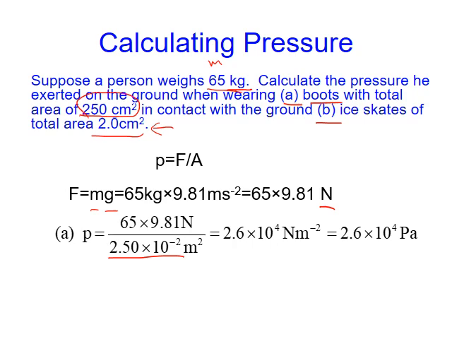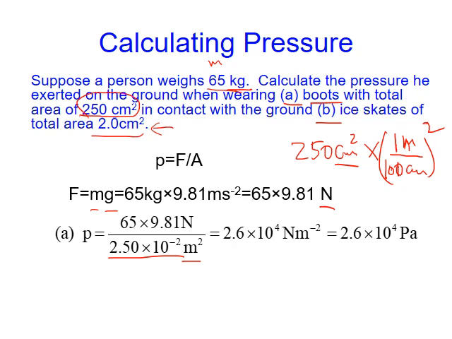Now SI unit should be meter squared, so we multiply by a conversion factor because we want to remove centimeter, so centimeter in the bottom and meter on the top. The relation is 1 meter is 100 centimeter. And because it's centimeter squared, we should square both.